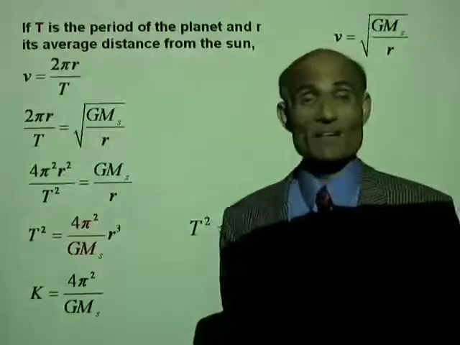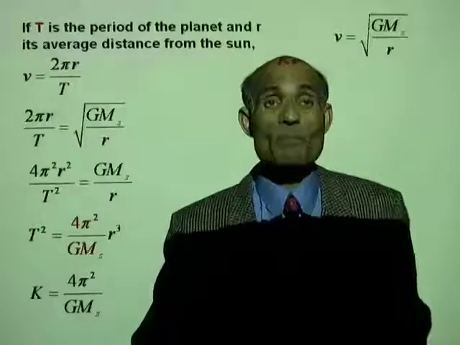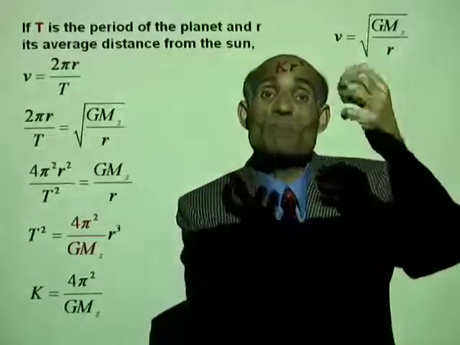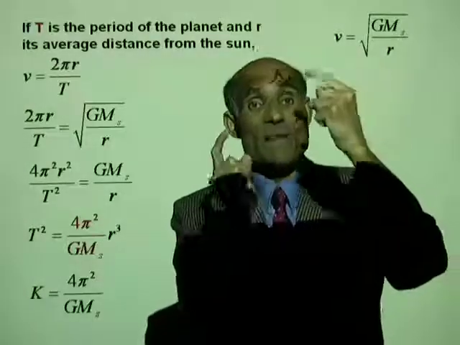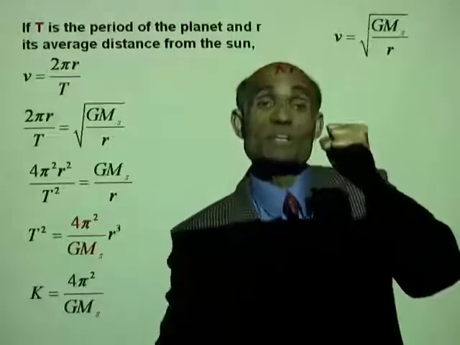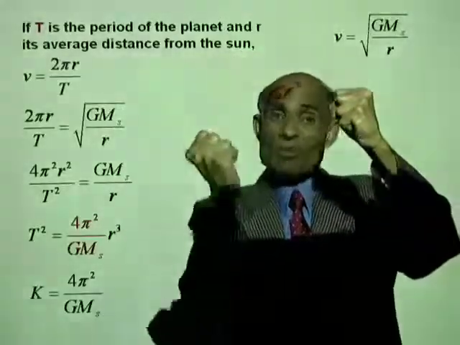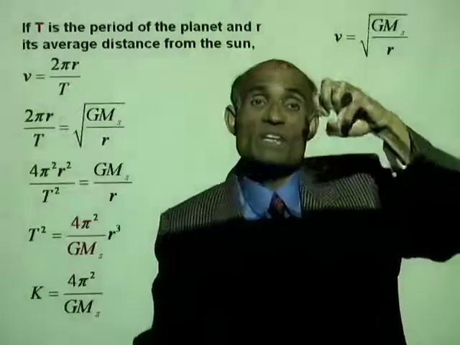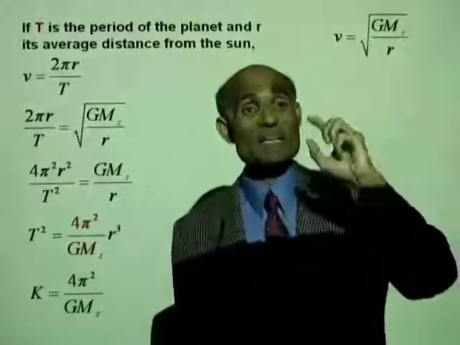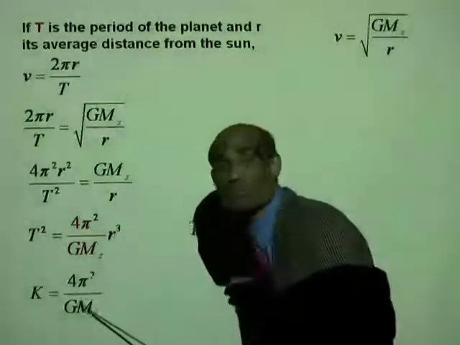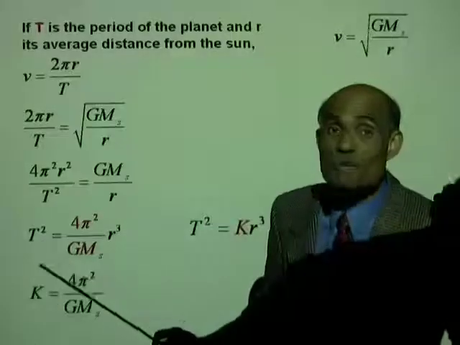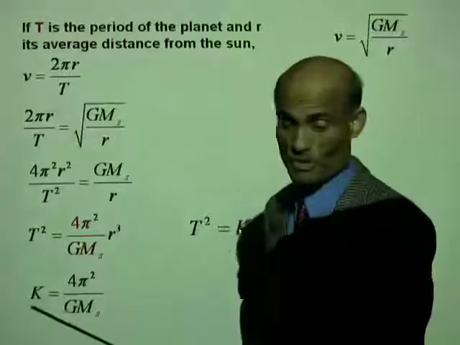On the other hand, if you now want to talk about the motion of a satellite around, say, planet Jupiter, then Kepler's law can be applied there. But it is the satellite that is moving around, and in place of the sun you have Jupiter. So k in such a case will be obtained by replacing the mass of the sun here by the mass of Jupiter. Okay? All right.